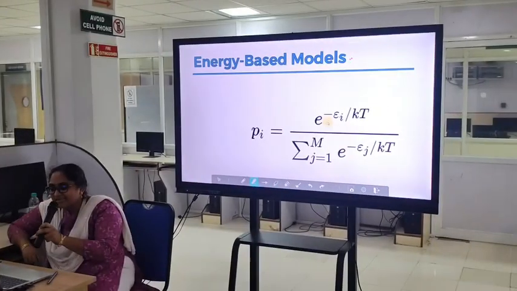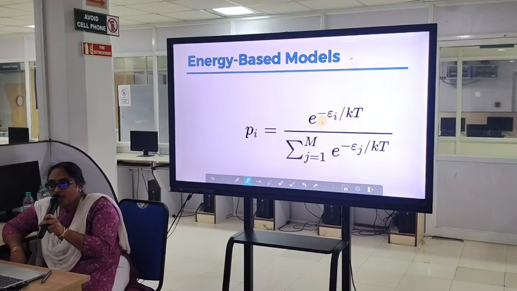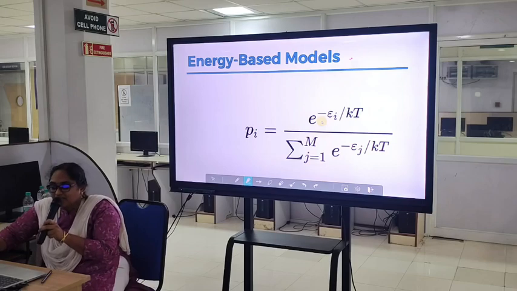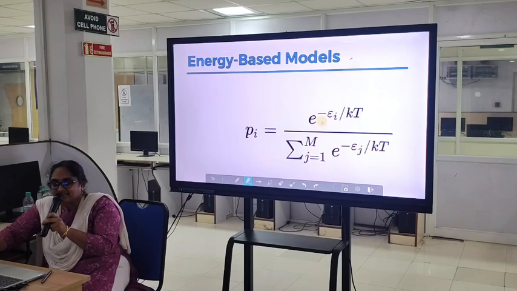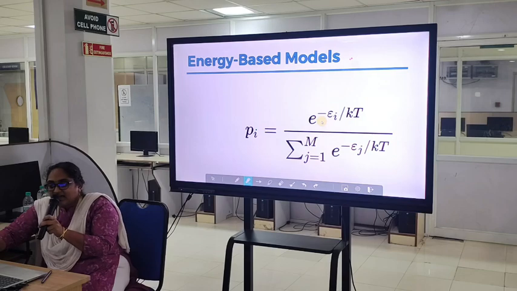The probability of existence in the ith state is given as e to the power of minus E_i by kT, where E is the energy, k is a constant, and T is the temperature. The denominator is the sum over j equal to 1 to m of e to the power of minus E_j by kT.